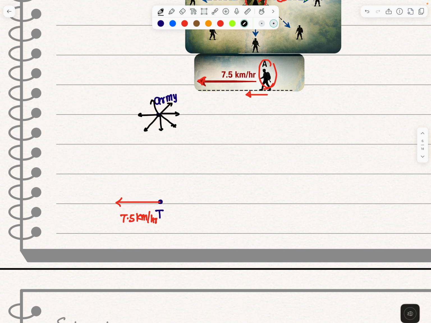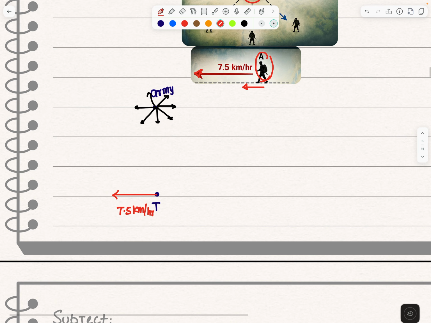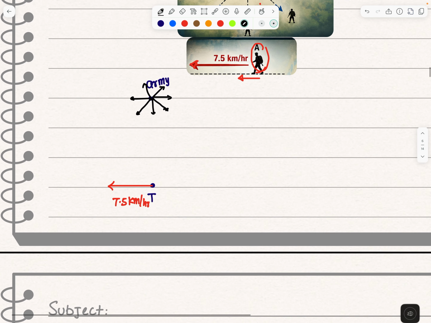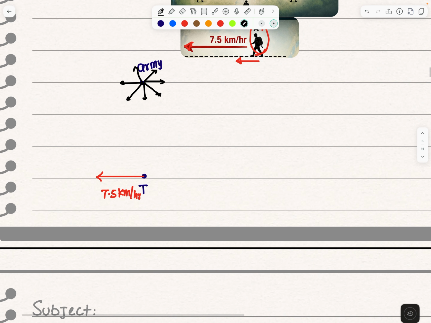And with what speed? 6 km per hour. Now, whenever you have to find the minimum distance, in this kind of question, it is good to go into someone's frame. So I'm going into the terrorist frame and then I'm observing the motion of the army. So this is the terrorist.